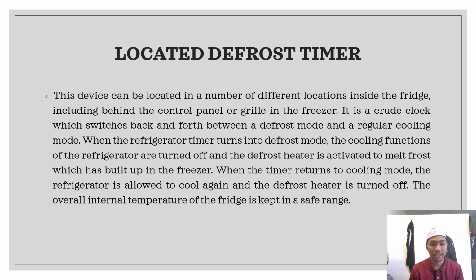When the refrigerator timer turns into defrost mode, the cooling function of the refrigerator turns off, and the defroster is active to melt frost which has built up in the freezer. When the timer returns to cool mode, the refrigerator is allowed to cool again and the defroster is turned off. The overall internal temperature of the fridge is kept in a safe range.